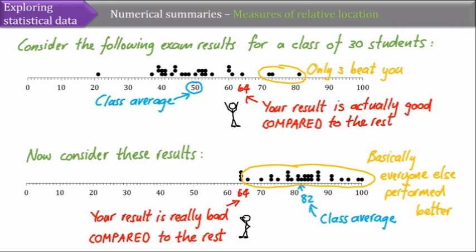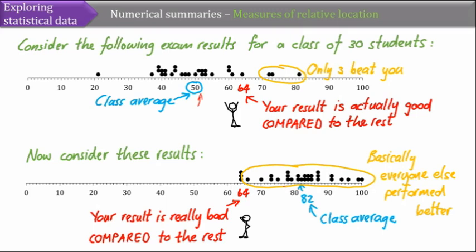So although it's still the same result, 64, if we compare it to the class average initially, which is 50, then it's good. If we compare it to the others, then it's good. However, if the class average is 82 and you still have 64, then comparing you to the class average suddenly doesn't look that good, and comparing to the others doesn't look that good either.